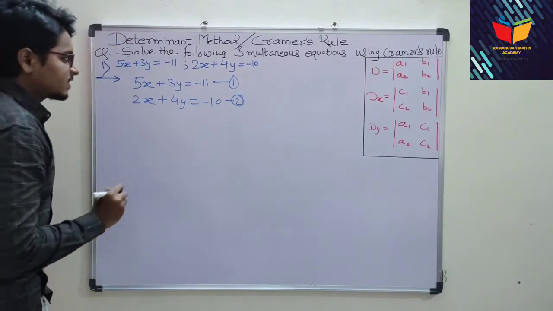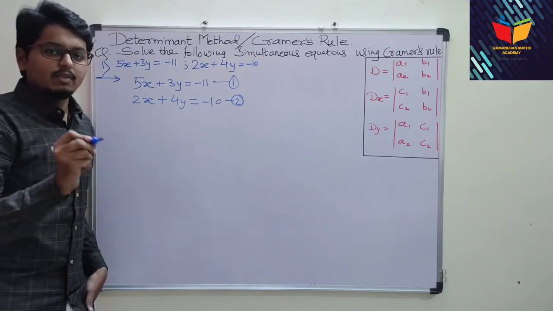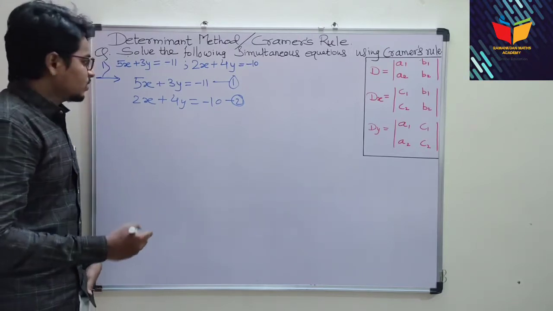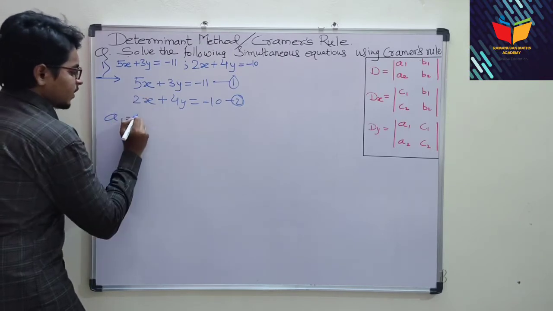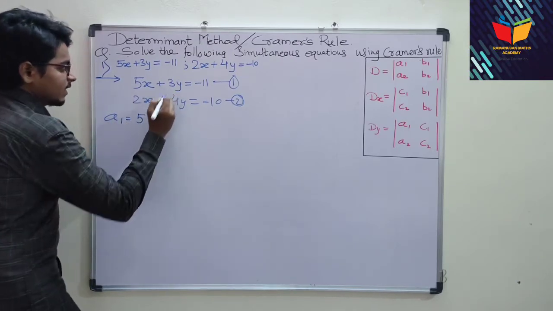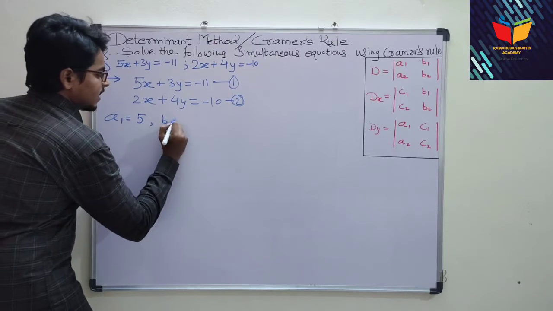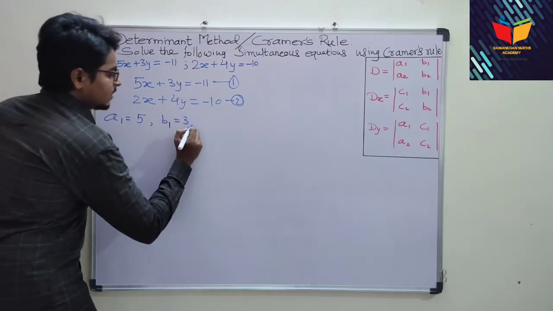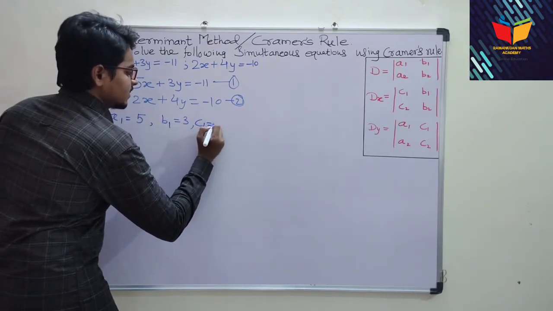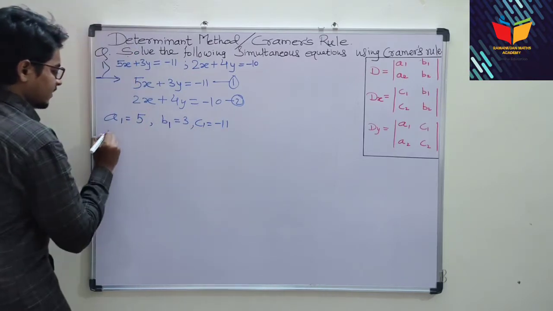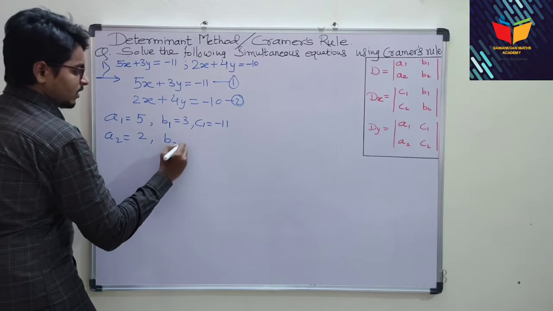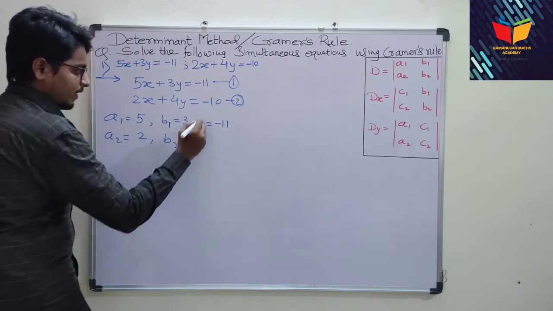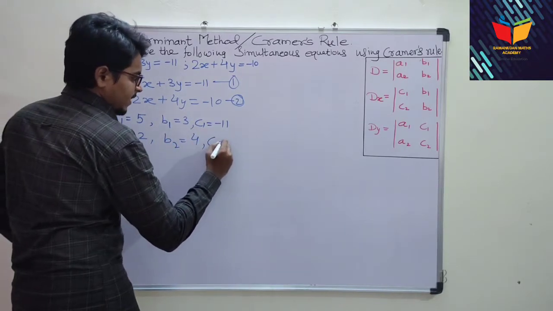Now we first write the values of a1 b1 c1 and a2 b2 c2. So a1 is 5, b1 is 3, c1 is minus 11, and a2 is 2, b2 is 4, and the value of c2 is minus 10.